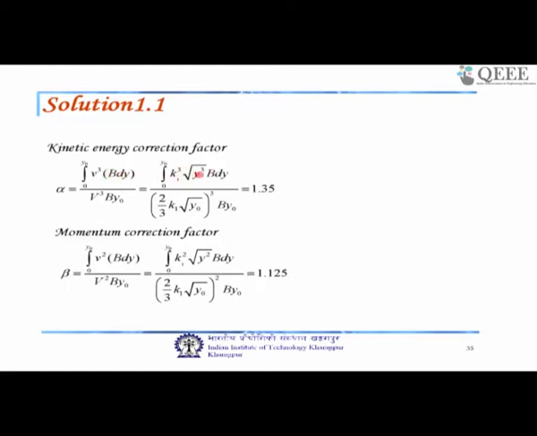This is k cube, and this will be y to the power 3 by 2 if we perform integration, and just compare with this expression, we can get the value which is 1.35. And the momentum correction factor, which has the square term here, that will give you 1.125.